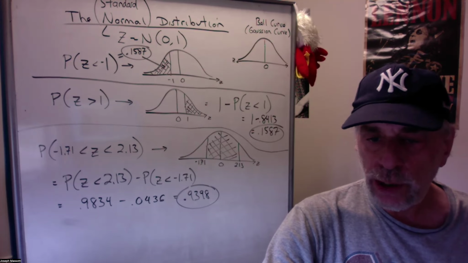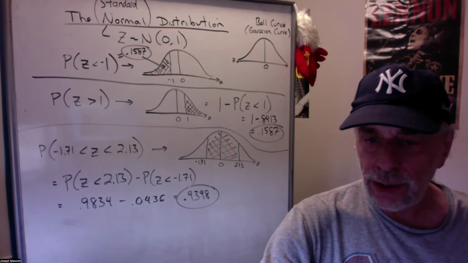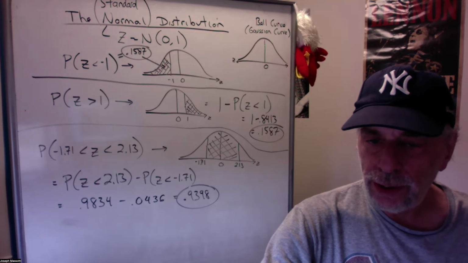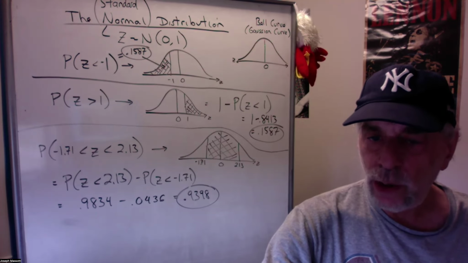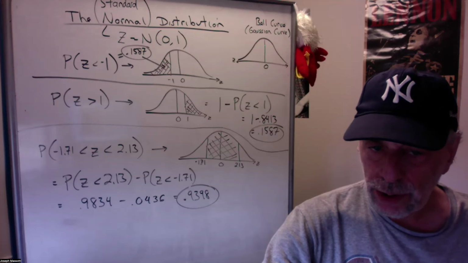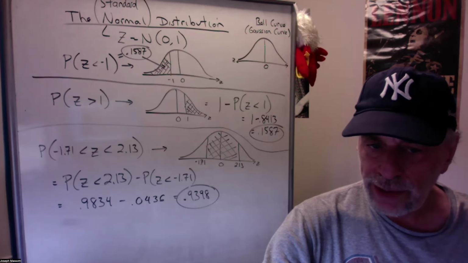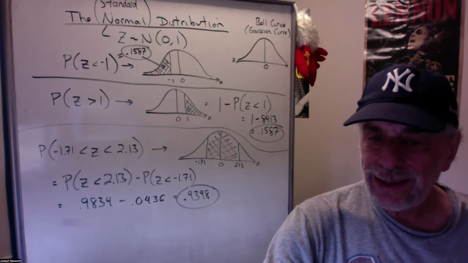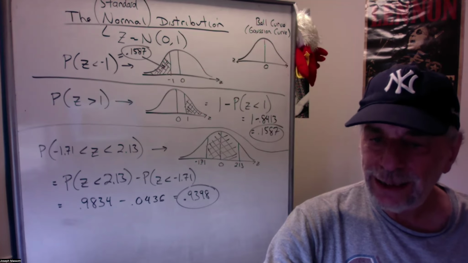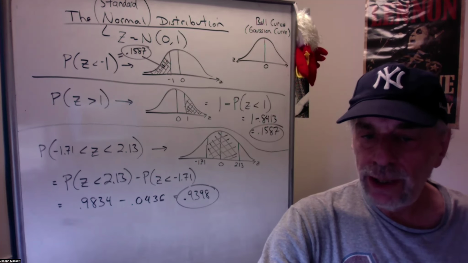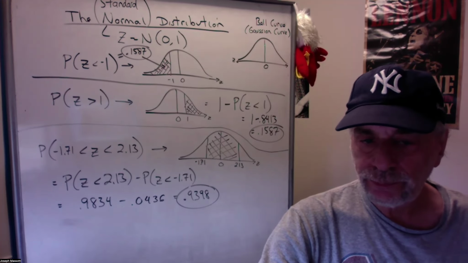So if I take all the probability less than the larger number and then subtract off the probability less than the smaller number, I'm going to get the area that I want. I'm going to look that number up in the table, and then I'm going to subtract off the probability less than the smaller number, because that's going to leave me the shaded region here. So I'm going to look up 2.13 and negative 1.71.